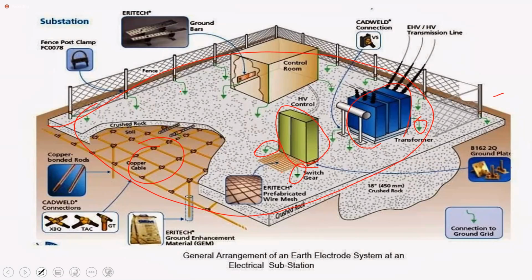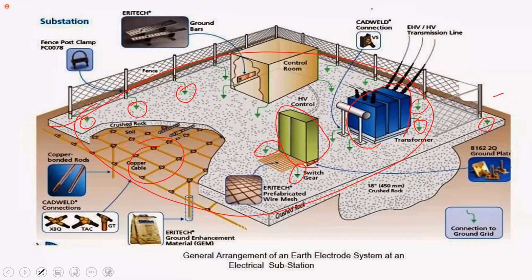Although the company has the sign up front that says high voltage keep out, you're still going to have people holding on to that fence. If you are holding on to that fence during a fault, you shouldn't really have an issue, because all the fence posts will be connected to the earthing grid.